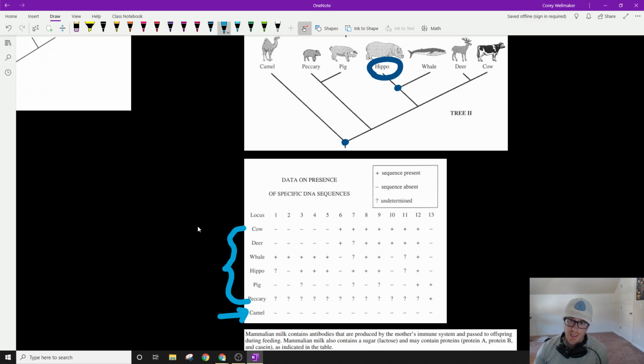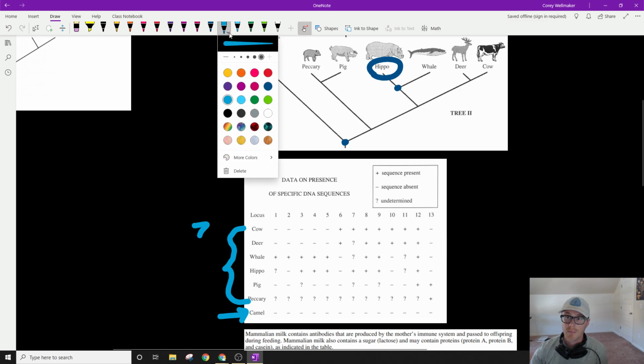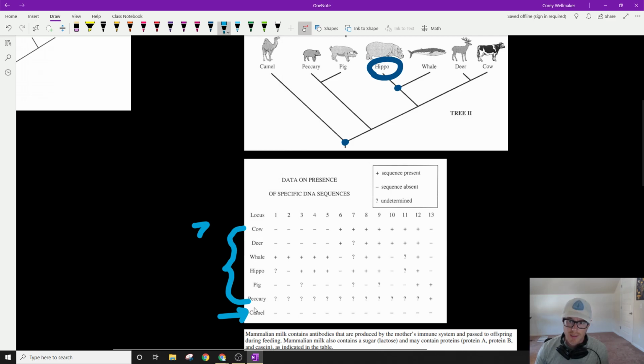So let's just say the cow has 7 differences between the cow and the camel, the deer should have approximately the same. The whale should have approximately the same. The hippo should have approximately the same. They should all be approximately the same different compared to the camel.